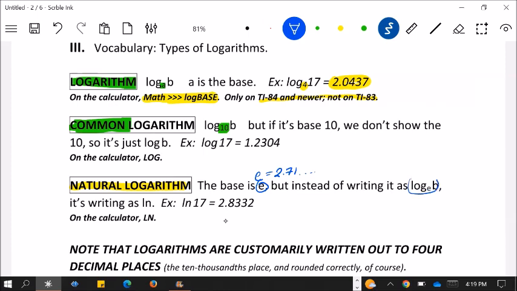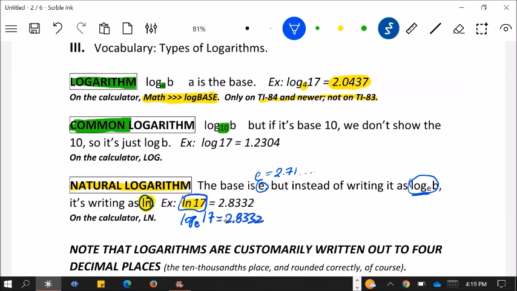Now, instead of writing log base E of something, someone somewhere decided to start calling it natural log, LN. So this is natural log 17. It could have been written as log base E of 17 equals 2.8332.